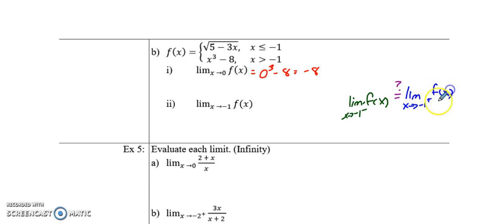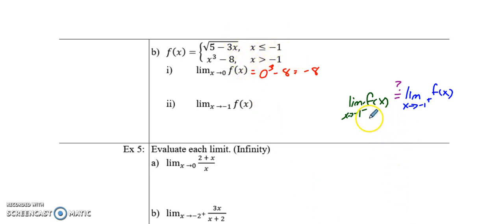So do these two sides approach the same number? In other words, I'm going to use the term connected. Even if it's connected with an open circle, that's fine. I don't care. But are they connected? Is there a jump in between from one y value to the next function value?